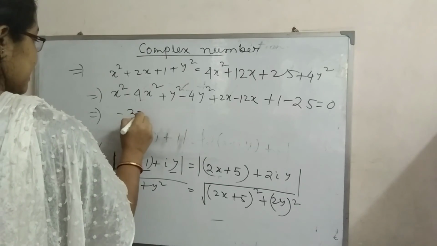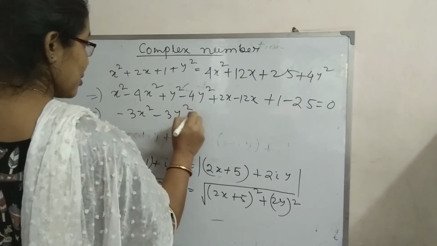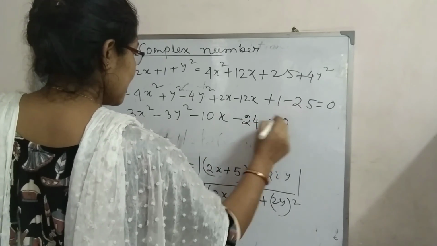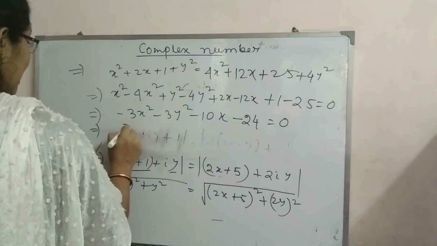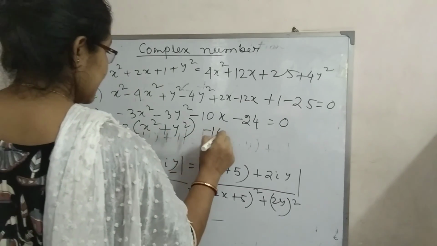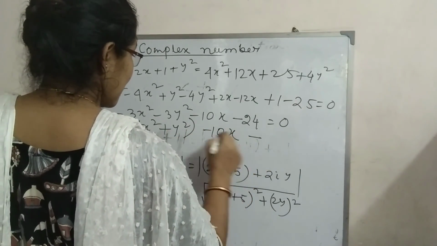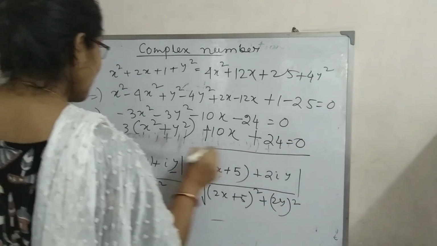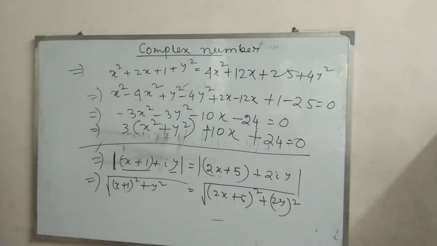So minus 3x square minus 3y square minus 18x minus 24, this is equal to 0. So I will get x square plus y square plus 6x plus 8, it is equal to 0. It is the expression that I will get from the given condition.